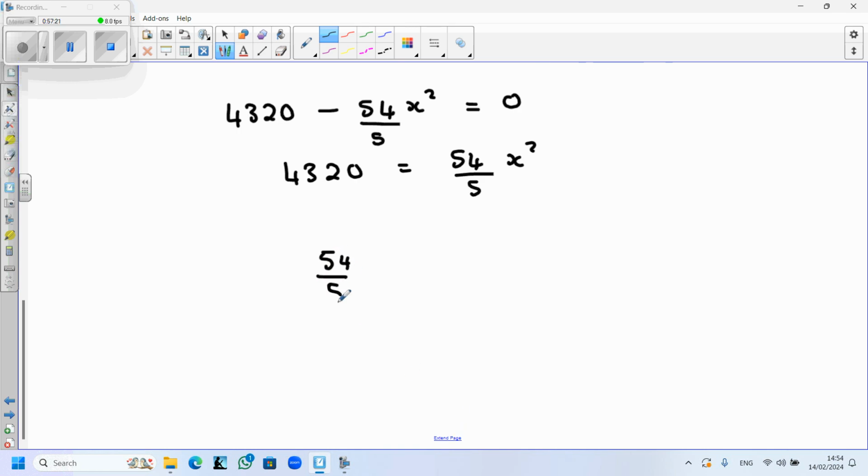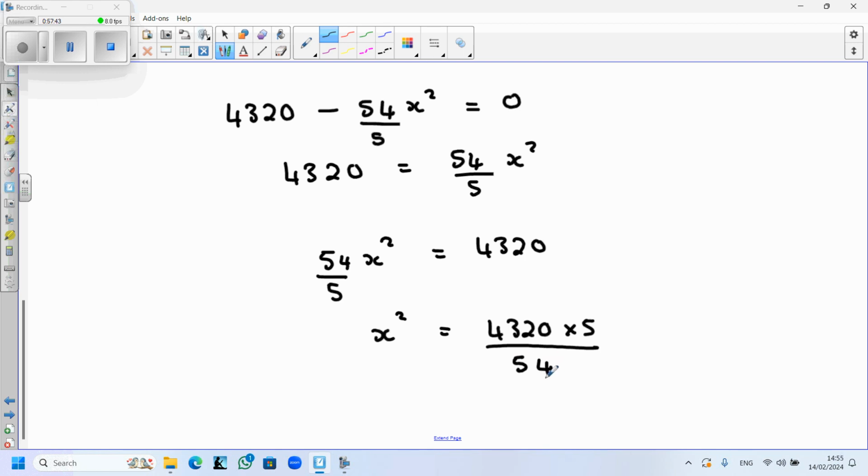So 54 over 5 x squared is equal to 4,320. So to get x squared, I don't want to divide by 5, so times by 5, but I've got to divide by 54. So it's 4,320 times by 5 divided by 54.